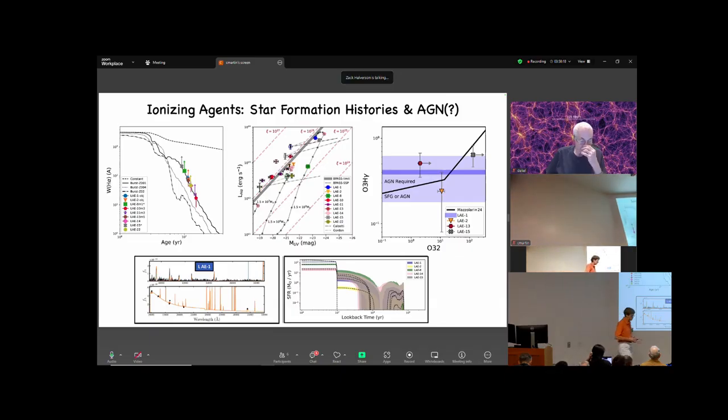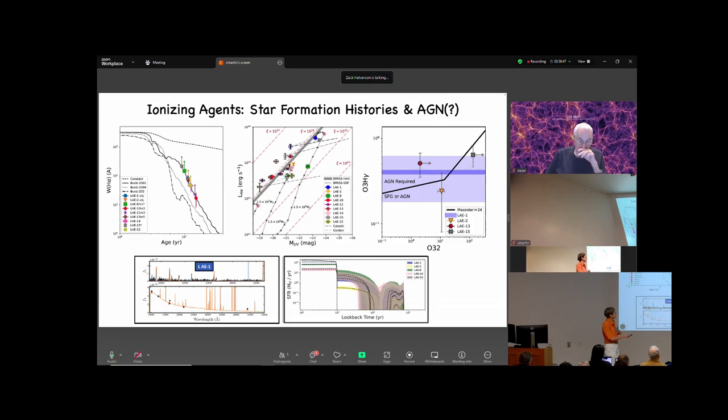Determining whether there are any AGN in these galaxies is difficult because at low metallicities, BPT diagrams are kind of degenerate between AGN and star-forming galaxies. There's a nice paper by Mazzolari that suggested a new BPT diagram for picking out AGN. This is the 4363 line, the temperature-sensitive one, against the normal O32 ratio.